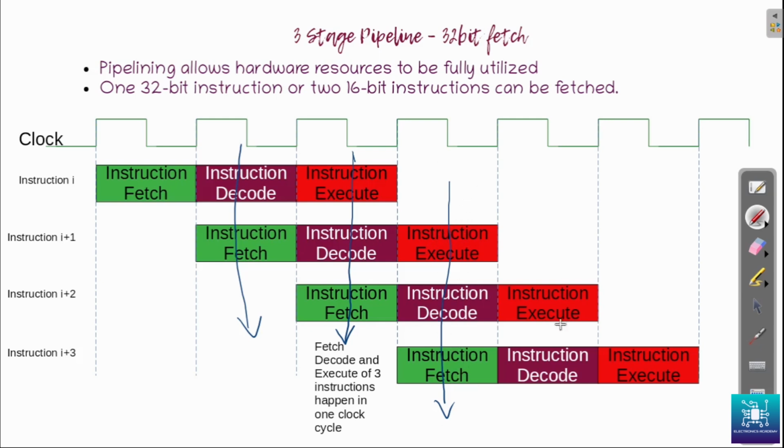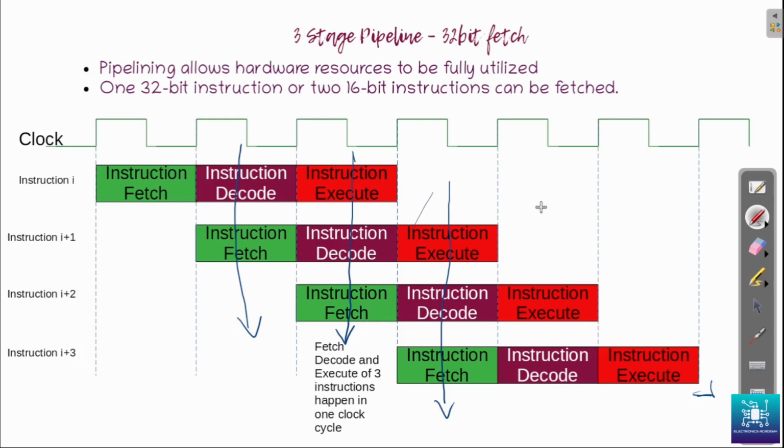Three things are happening together. If another instruction comes in, it will be 3. If it stops here, then it will taper off: 3, 2, 1 and done, because there are no more instructions coming after this. But generally, when the instructions keep flowing in, this is how your pipeline works. Three activities in one clock cycle. The clock is fast, and on top of that there's a pipeline, so you can imagine how fast the execution is going to be.